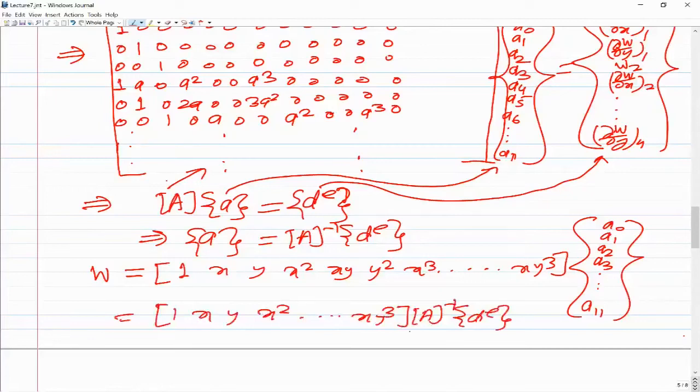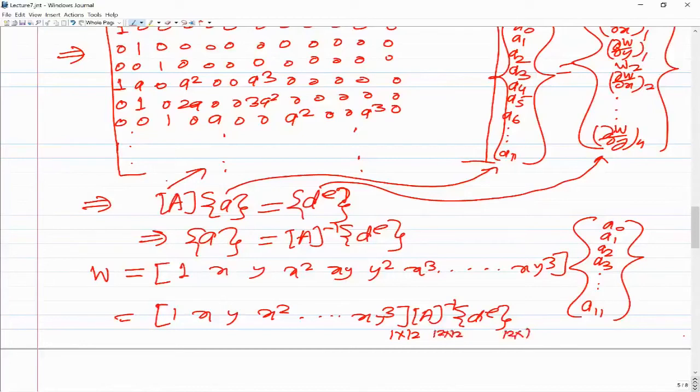You will see that this is 1 by 12, not 16. A is 12 by 12, and this is 12 by 1.